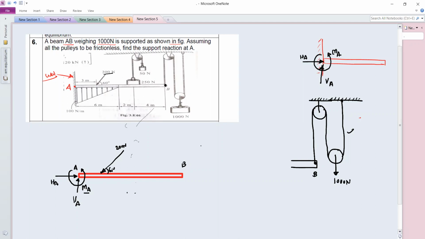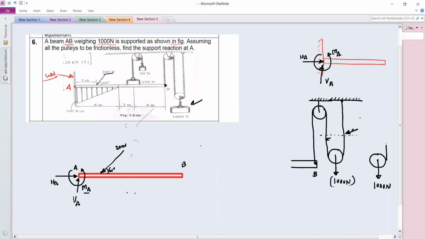So because of 1000 Newton load or that dead weight, this rope will be subjected to tension. Okay, so we have to find out how much tension is developed in this rope. So this we can draw. Just assume if we cut the rope, then we can draw the free body diagram like this. So this is the pulley. On this pulley, we have the dead weight of 1000 Newton.